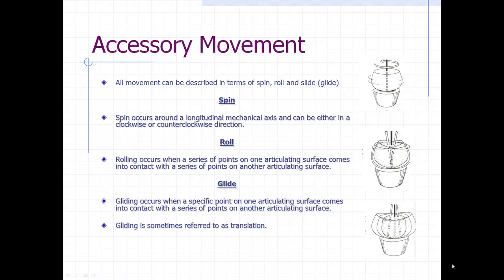Glide is a translational movement, where one articular surface will slide along the opposite articular surface. For a full review of spin, roll and glide, it's suggested that you look at the introductory chapter in arthrology in Gray's Anatomy.